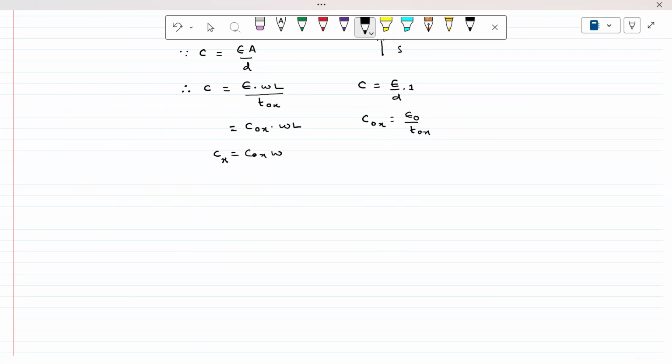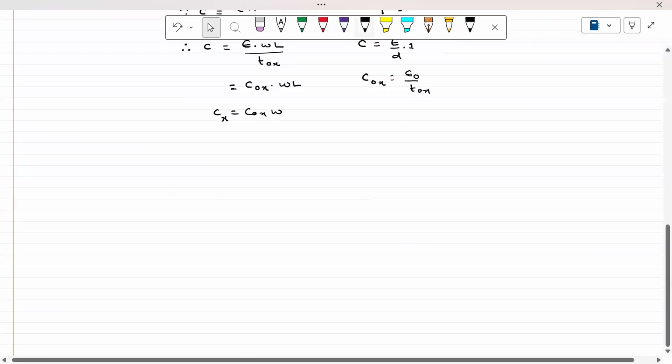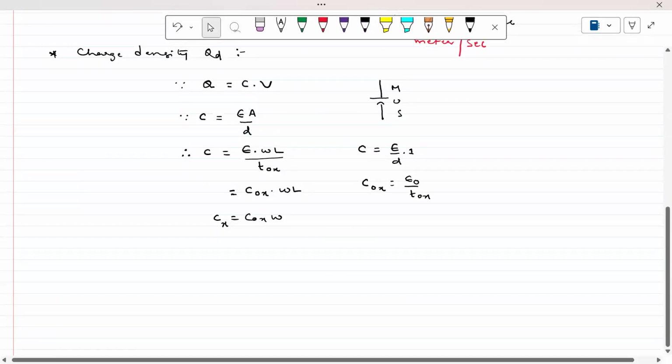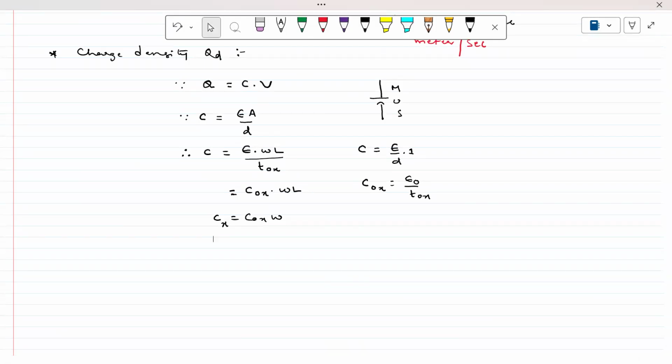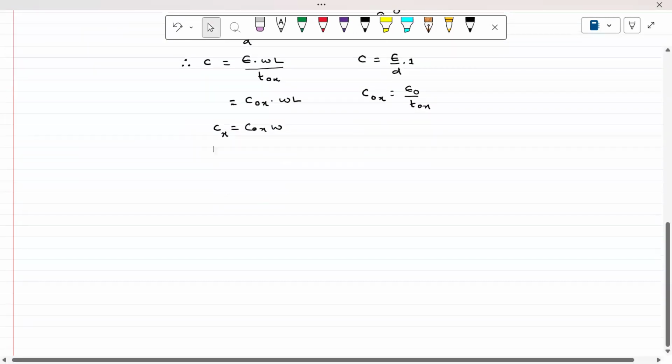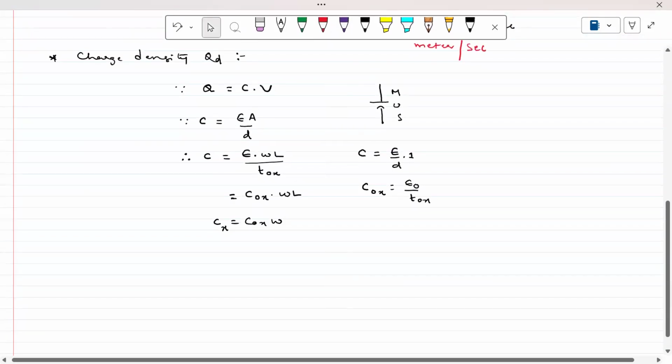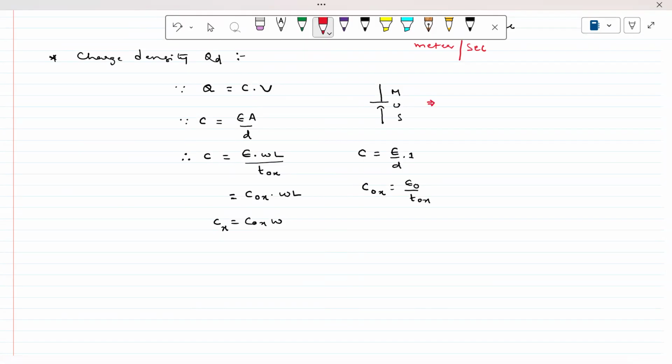Now, at the same time, I want to calculate the voltage at the point X. Whenever we talk about the capacitance, it is a capacitor, so what is the voltage across this capacitor?